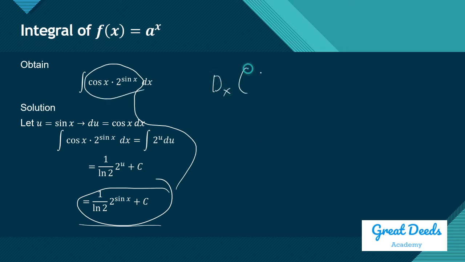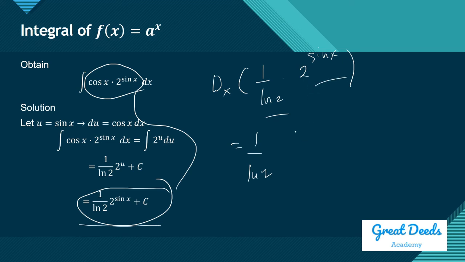Let us get the derivative of 1 over ln of 2 times 2 raised to sine of x. This is a constant coefficient, so you just copy it, 1 over ln of 2. You apply the chain rule.